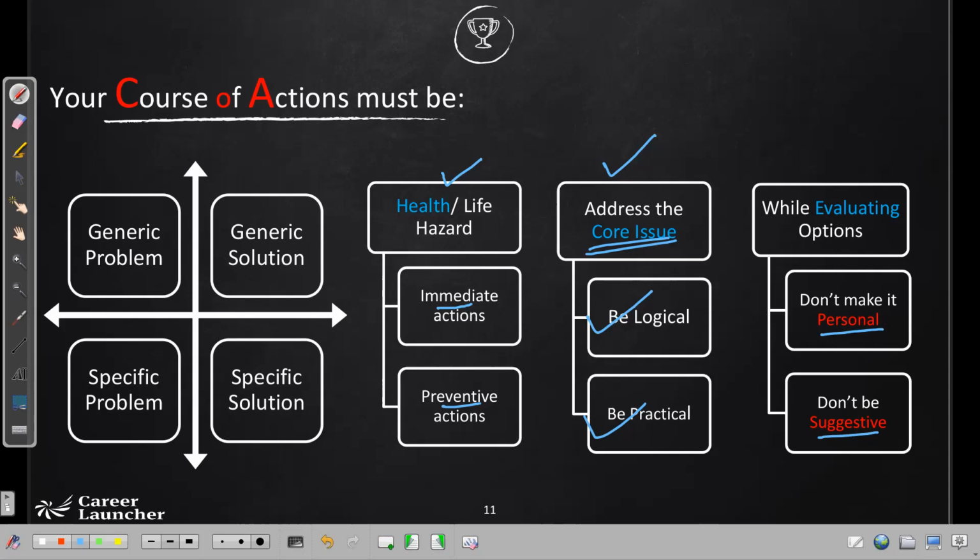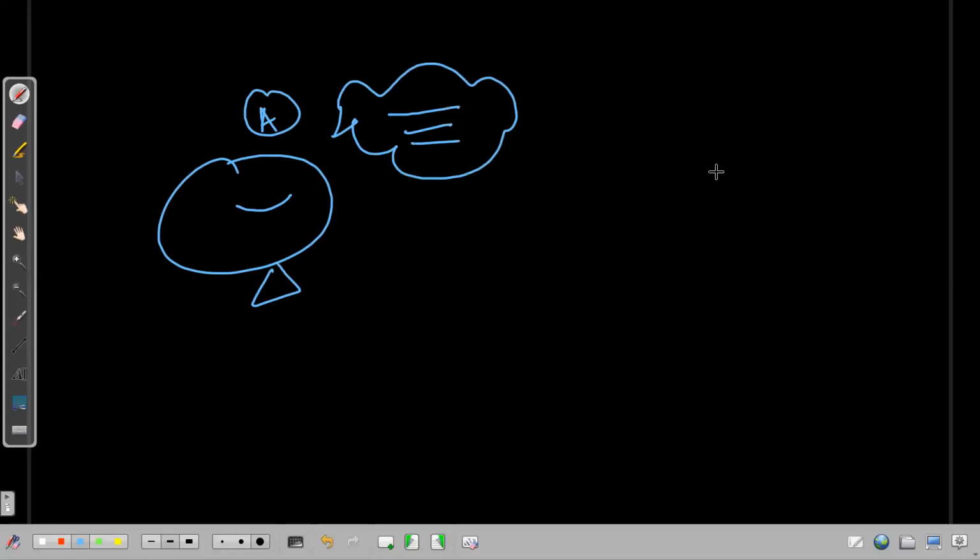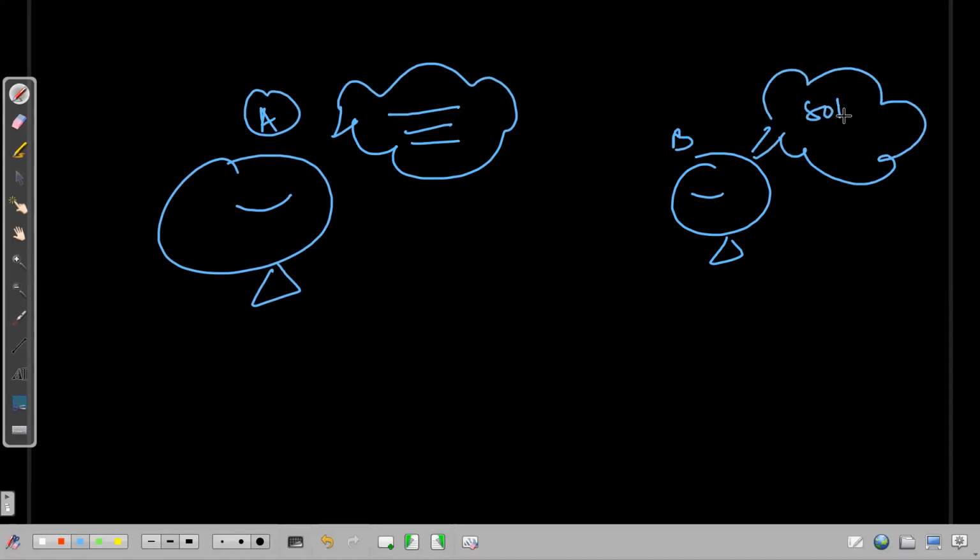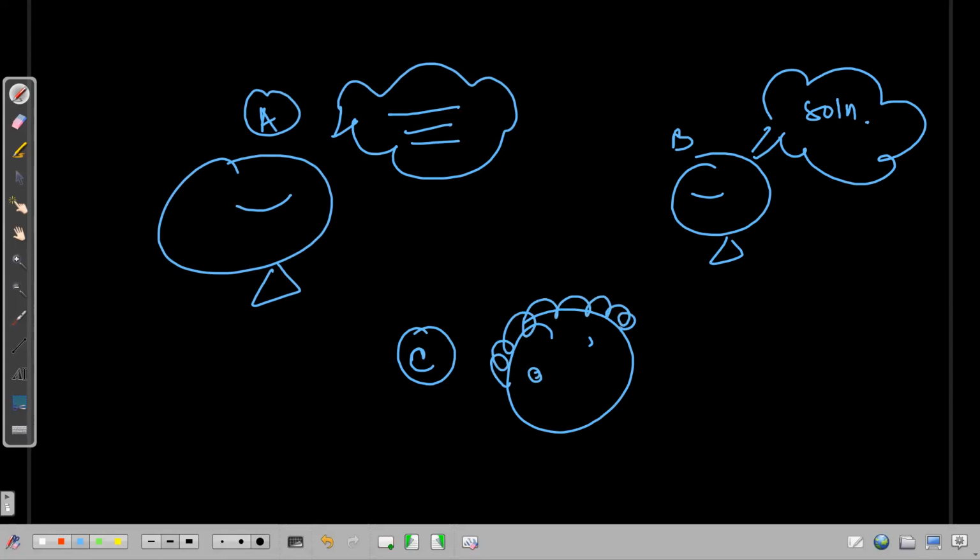I explain to my students in this way that, okay, this is one guy who's suggesting the problems, who's thinking about the problems in his mind, and there is another guy, B, let's say, who's suggesting the solutions and thinking in his mind. And you are none of them. You are neither A, you are neither B. You are actually a person C who is just going to evaluate these courses of action, and who's going to evaluate them with a grumpy face.